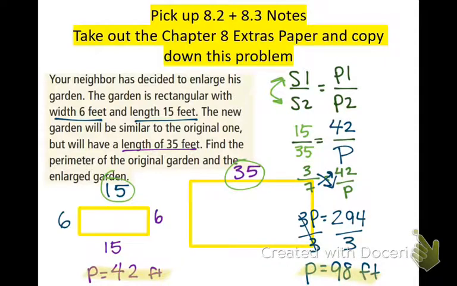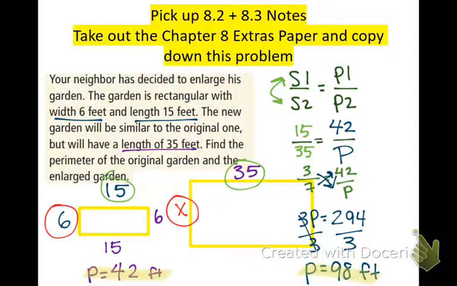Does anybody know the other way we could have done this? There's 2 other ways. What do you think? Finding the corresponding side that goes to 6. Yeah. So he's saying if you found the width over here, so we could call this x, you could find it using a proportion. You know the sides are proportional.